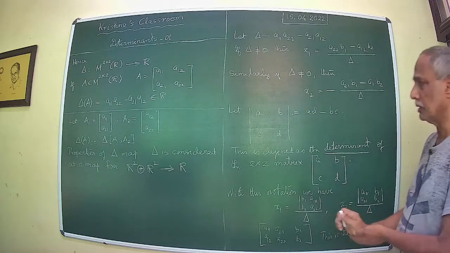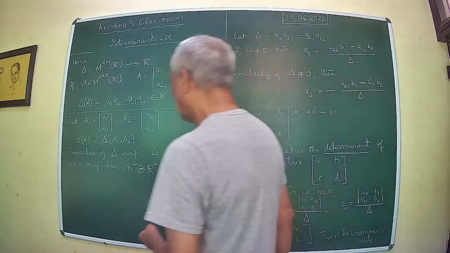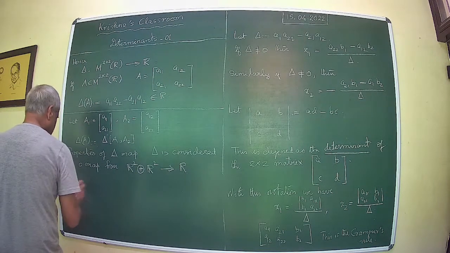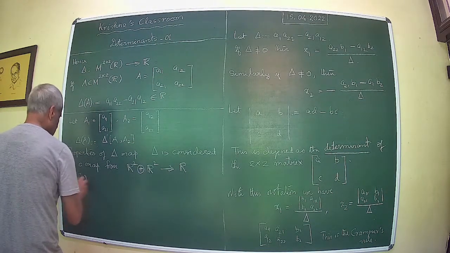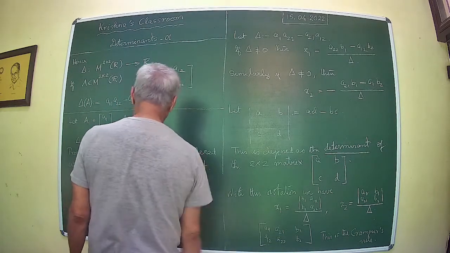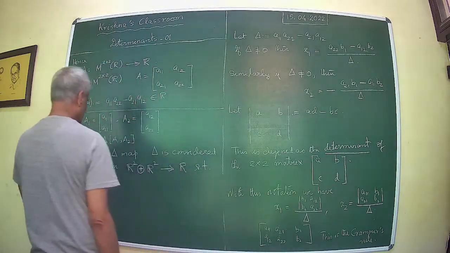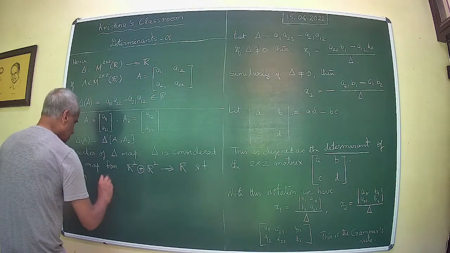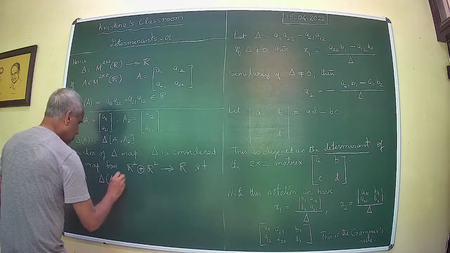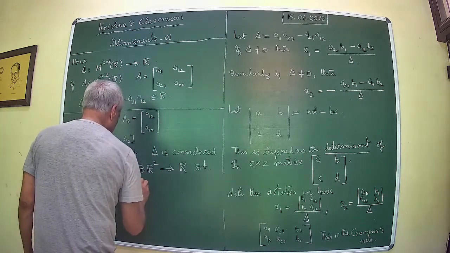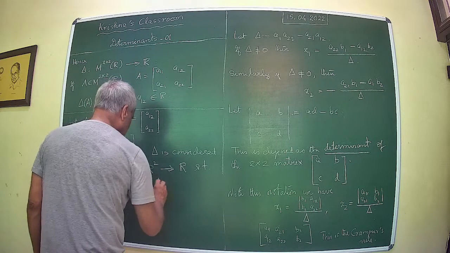What are the properties? Delta of A1 A2 such that delta of A2 A1 is equal to minus of delta of A1 A2.